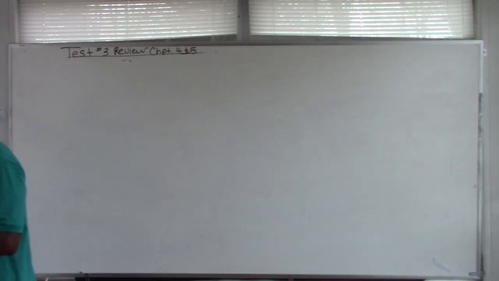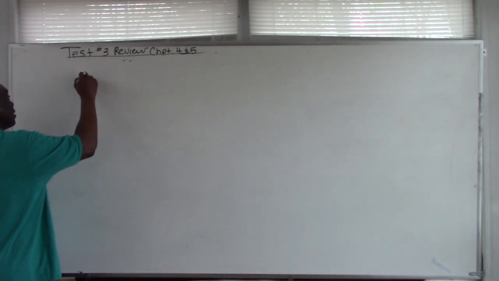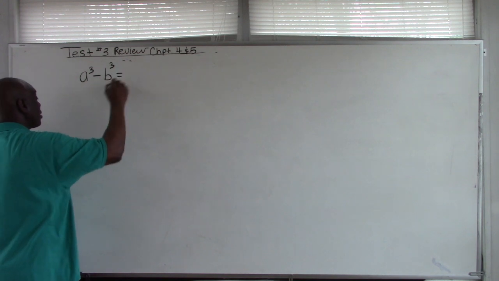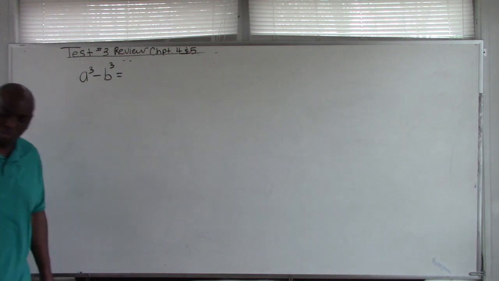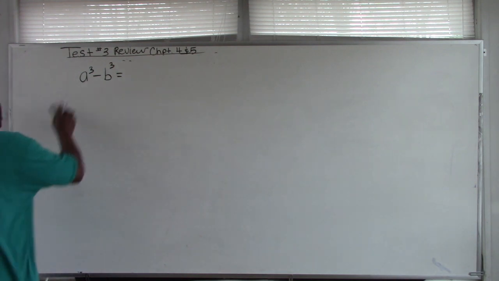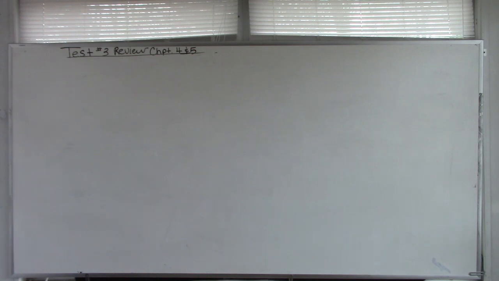Last one, number 19. All right, so we know that a cubed minus b cubed equals, well, no. I don't want to start with that. Let me write the problem first. Number 19.